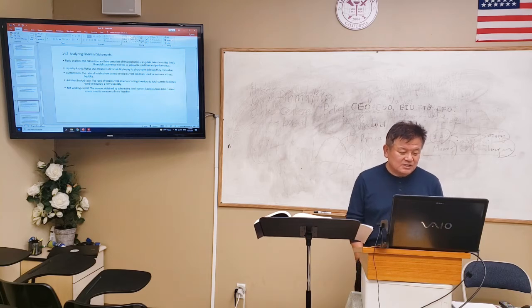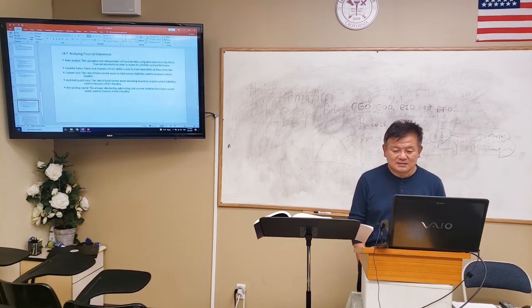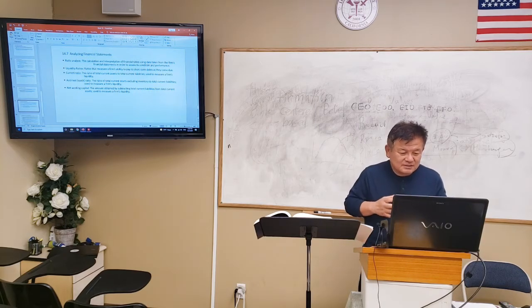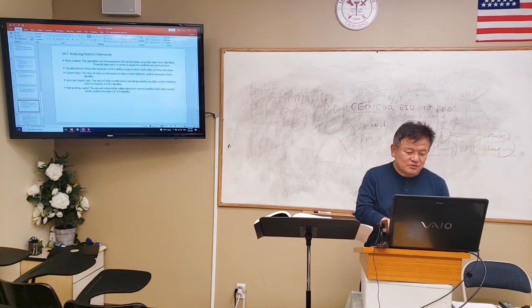And the liquidity ratio is a ratio that measures a firm's ability to pay its short-term debts as they come due. It means the company has some cash flow. And the current ratio is the ratio of total current assets to total current liabilities, used to measure a firm's liquidity.